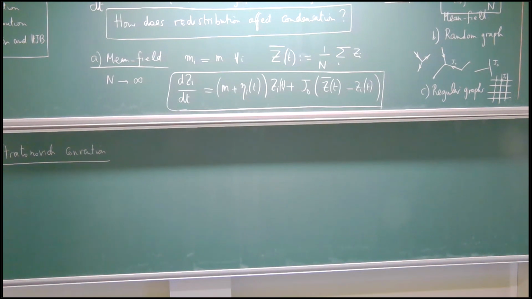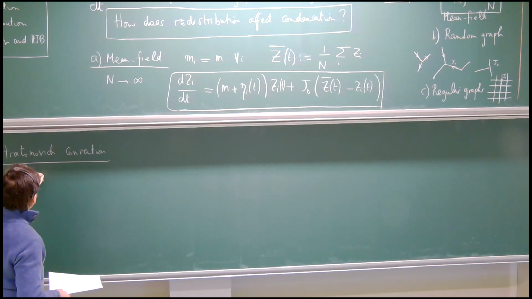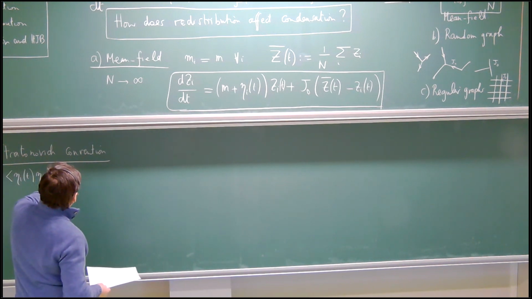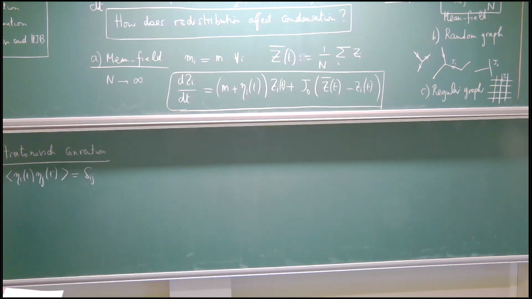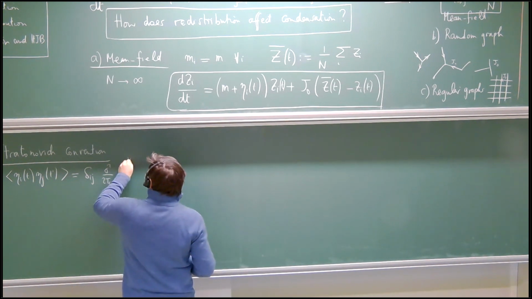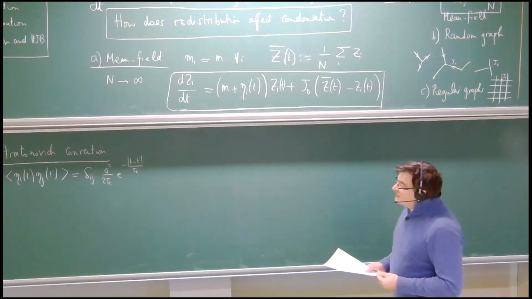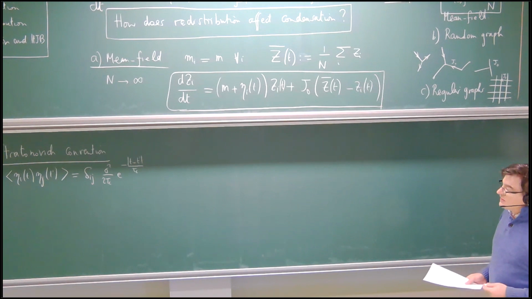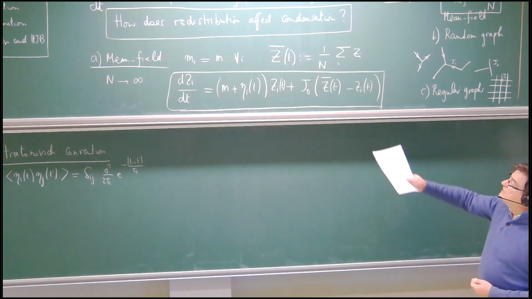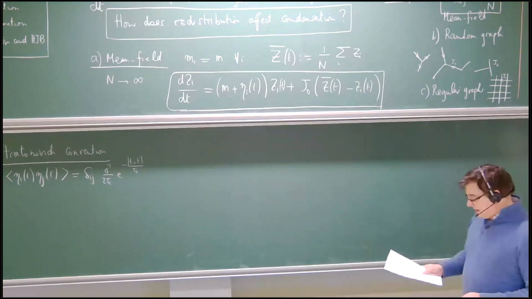So the Stratonovich convention, you remember from last time, is to assume that the average of eta_i of t, eta_j of t prime is delta_ij, so noise is independent from site to site, times sigma squared over 2 tau_c, exponential of minus t prime over tau_c. And so I'm assuming that there is a finite but very small correlation time that allows us to deal with these equations as if eta_i was a regular function.